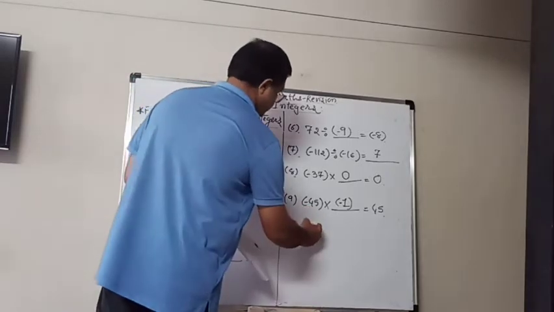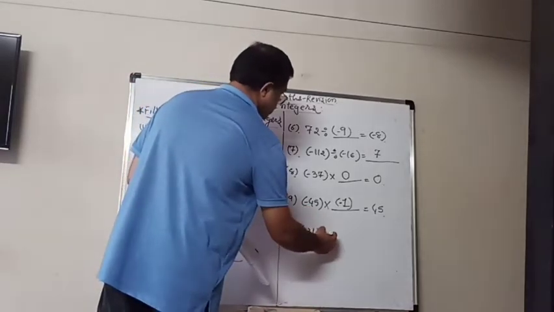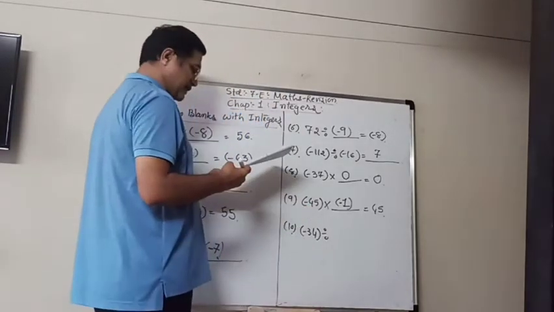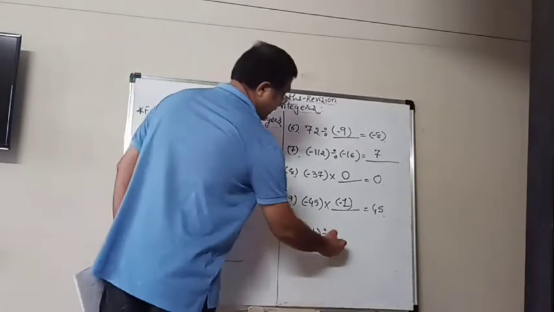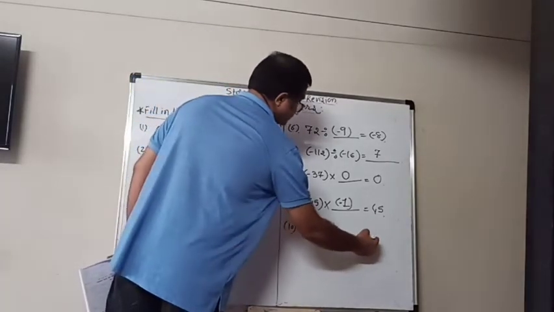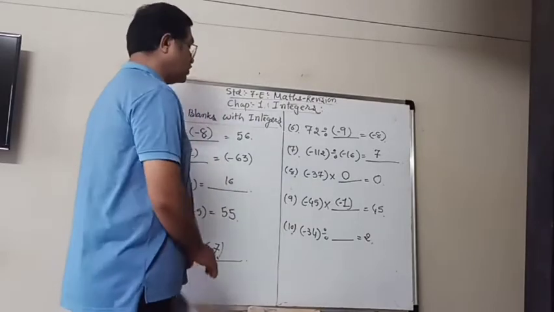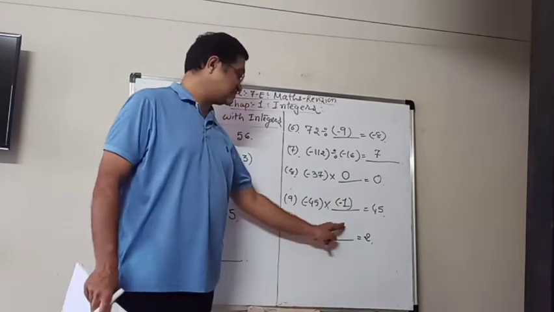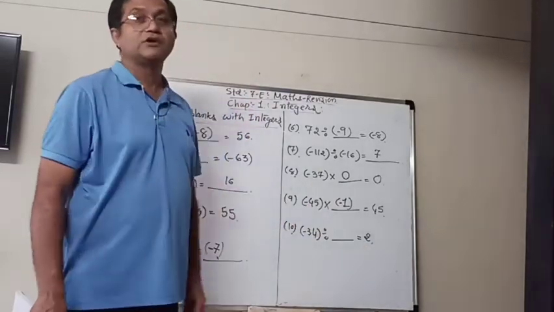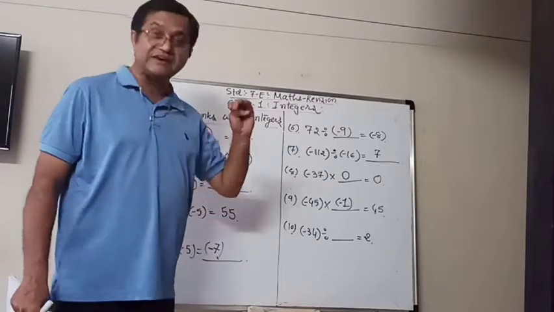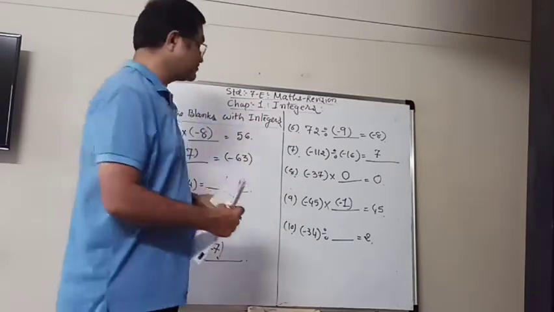The last one. Minus 34 divided by blank is 2. Now we know that 17 twos are 34. So if you divide 34 by 17, you get the answer 2.